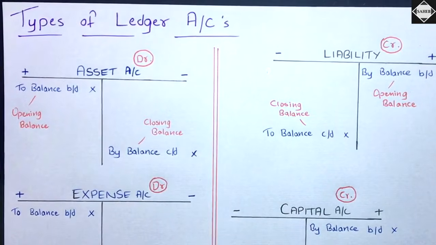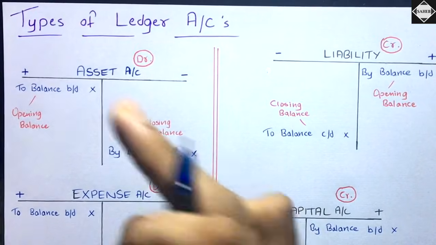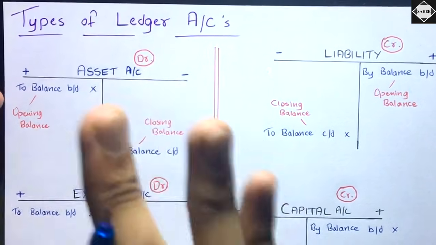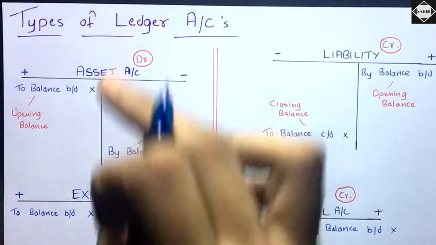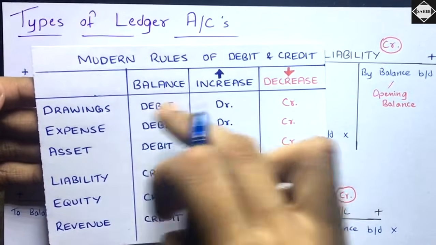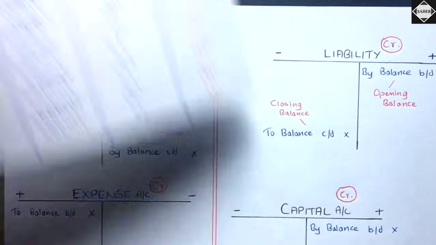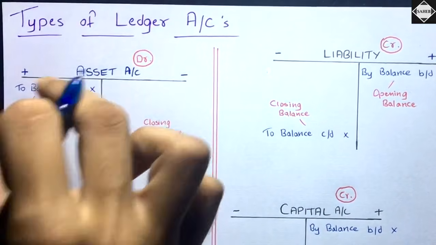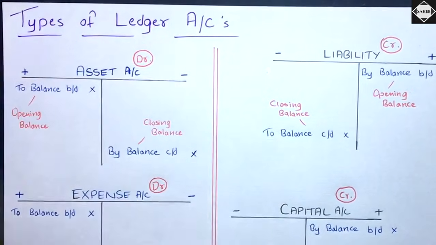That's what an opening balance is, and it will always come on the debit side in the asset account. Always, whichever account has a debit kind of balance, the nature of the account being debit, it will always have a debit opening balance and the closing balance on the opposite side.